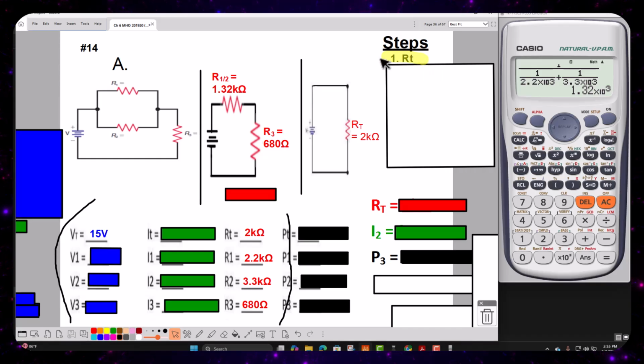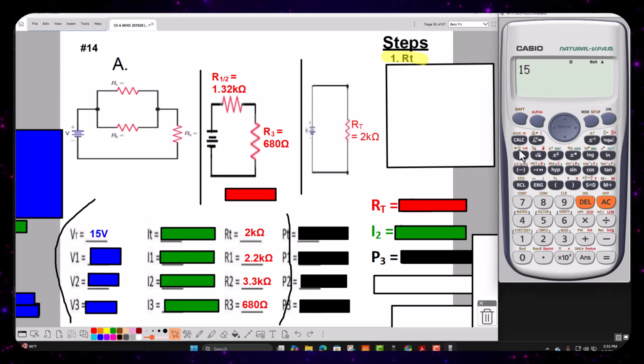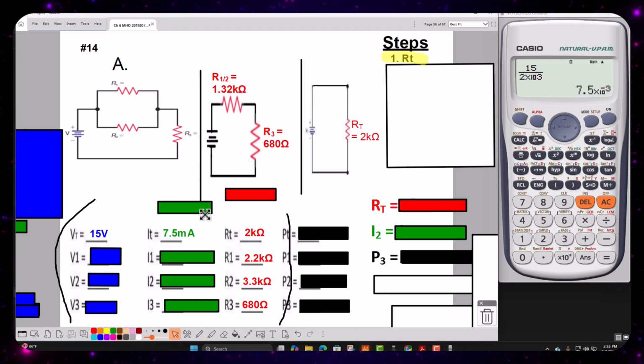That's my first step right here, RT. Now my next thing I can solve for is IT. So I take the 15 volts divided by the 2 k ohms, and that tells me I have a total current of 7.5 milliamps.